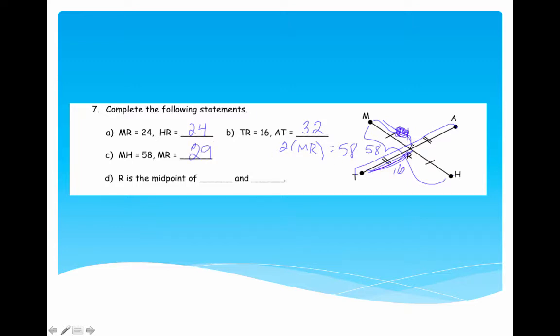R is the midpoint of both MH and AT, because those two match, so it's the midpoint of AT, and these two match, so it's the midpoint of MH, and you could have written HM and TA. It doesn't matter.